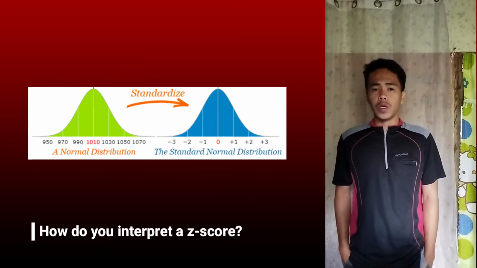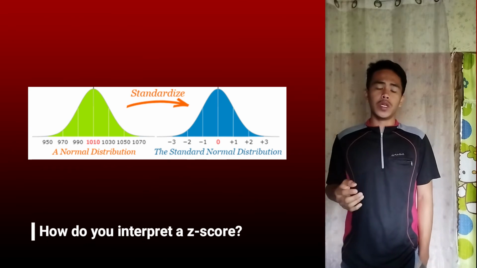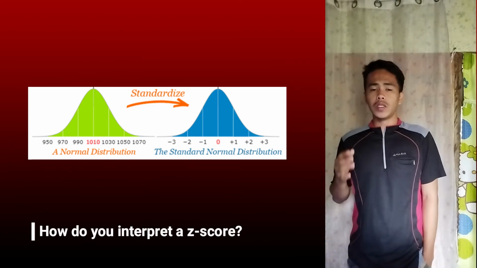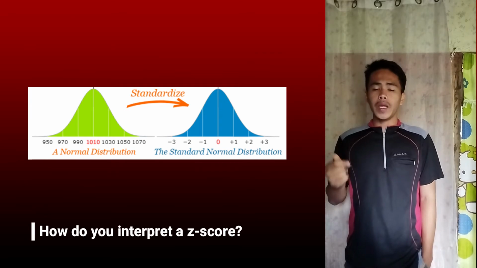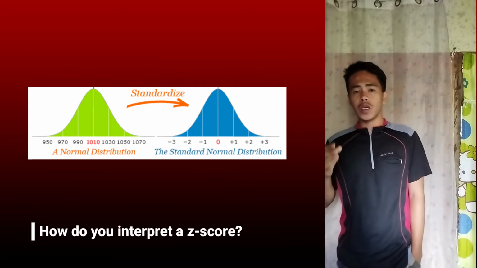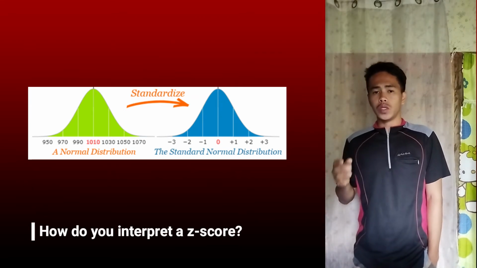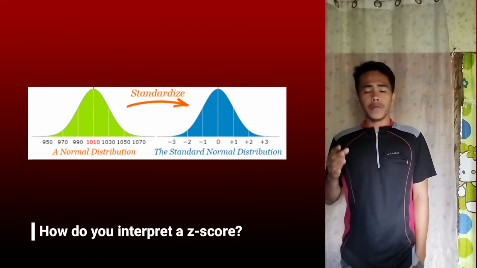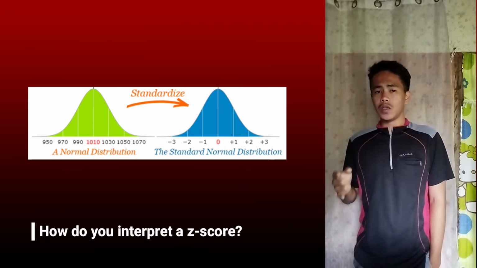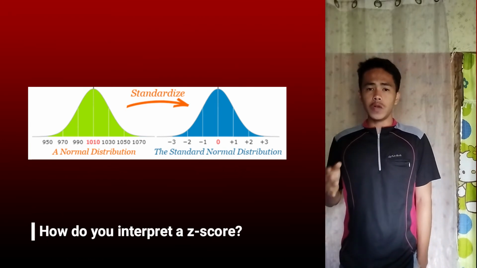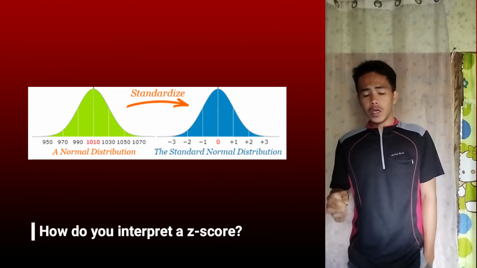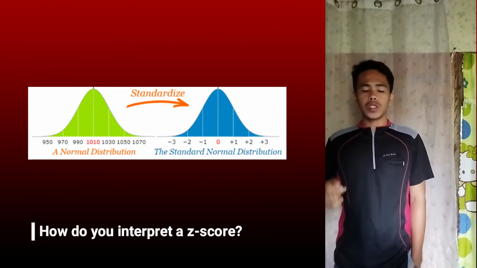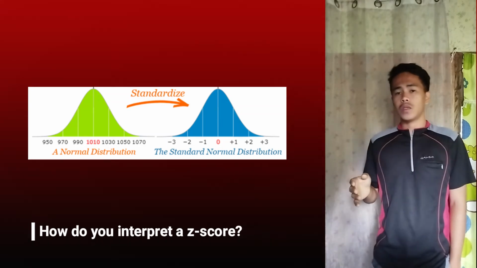For example, if the raw score distribution is normally distributed, then so is the z-score. Second, the mean of any SND is always equal to 0. Third, the standard deviation of any SND is always equal to 1. Therefore, one standard deviation of the raw score always converts into one z-score unit.